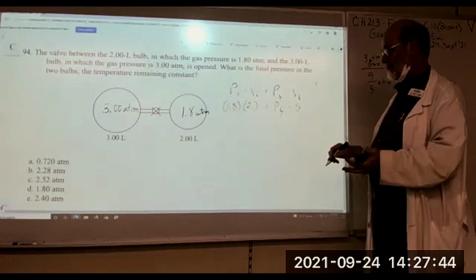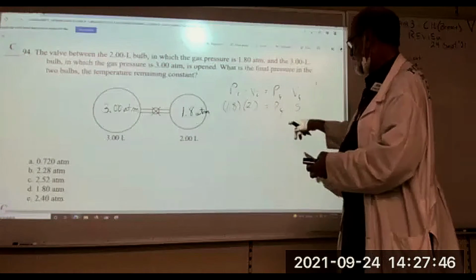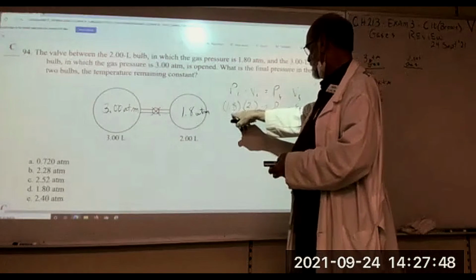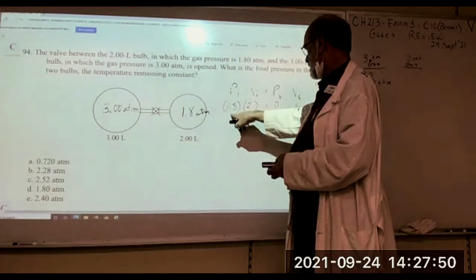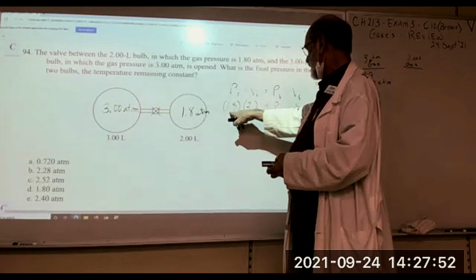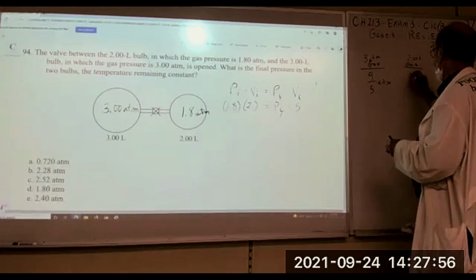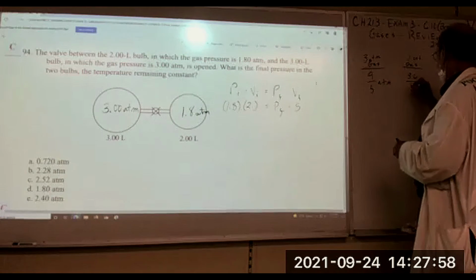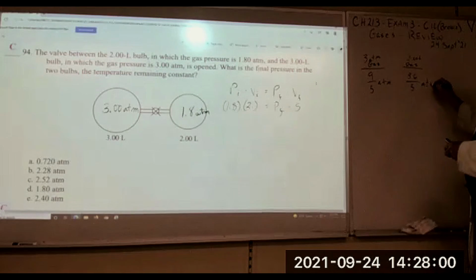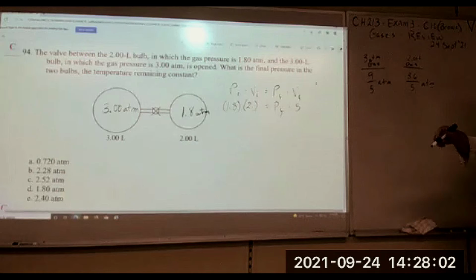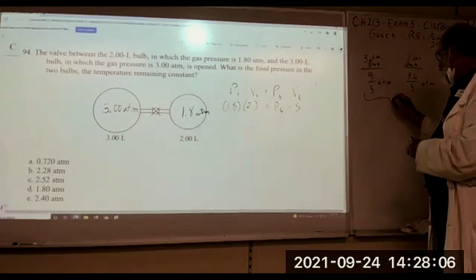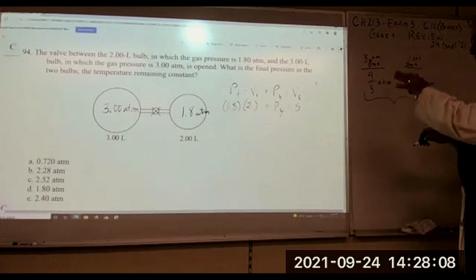Again. So what's 2 times, let's see, 3.6. 3.6 divided by 5 is the 2-liter gas pressure, final pressure. And then the total should be that value.